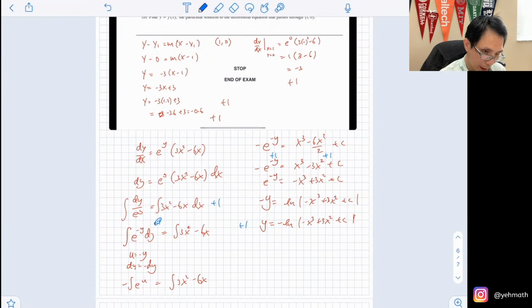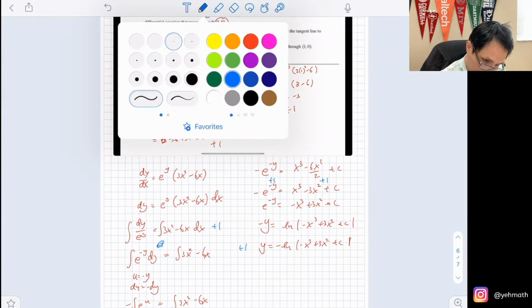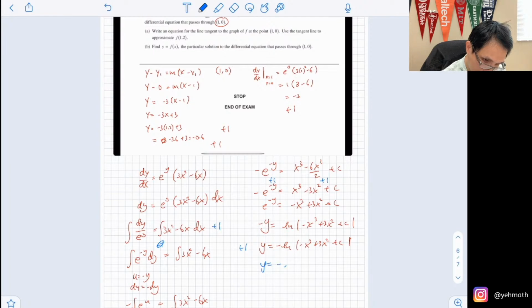And if you plug in the initial condition, which is 1, 0 here, it will be y equal to negative natural log of the c, right?